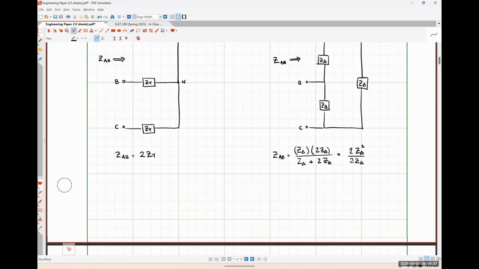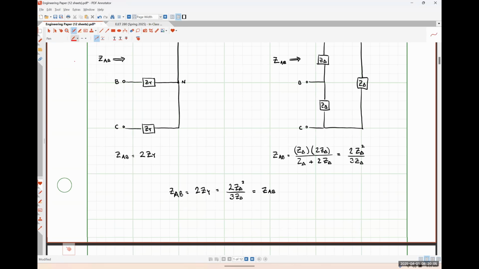So if I set these guys equal to each other, I would have ZAB is equal to twice ZY is going to be equal to twice Z delta squared over 3Z delta is once again equal to ZAB.